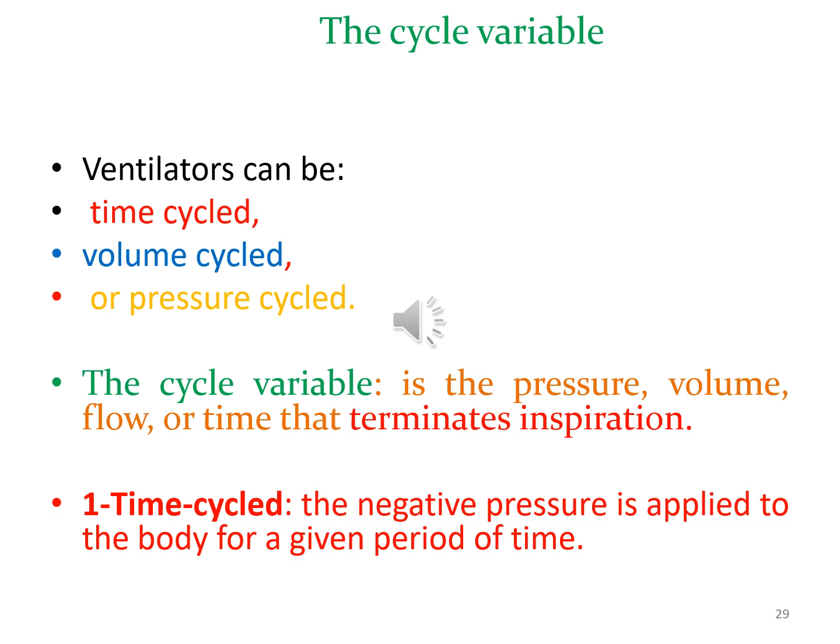The ventilators can be time cycled, volume cycled, or pressure cycled. Time cycled: the negative pressure is applied to the body for a given period of time and then released for another given period of time before the process is repeated.